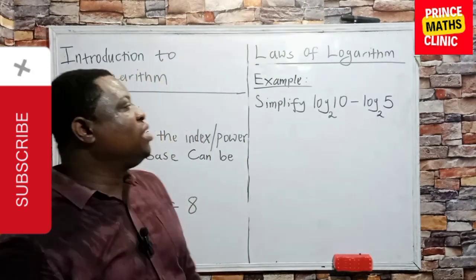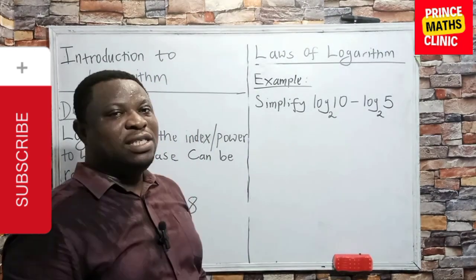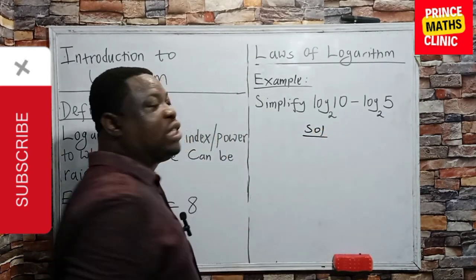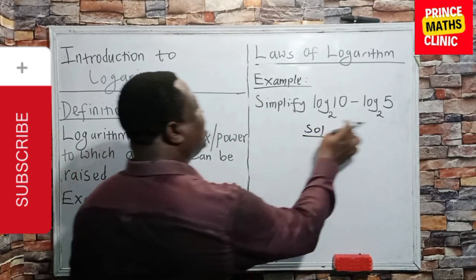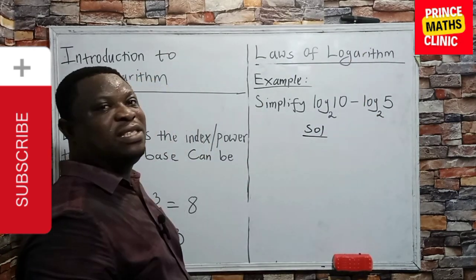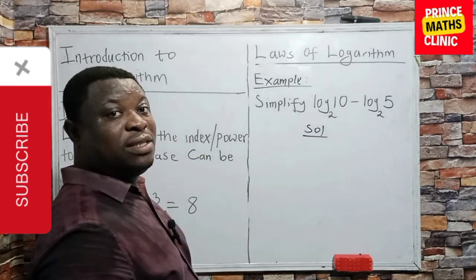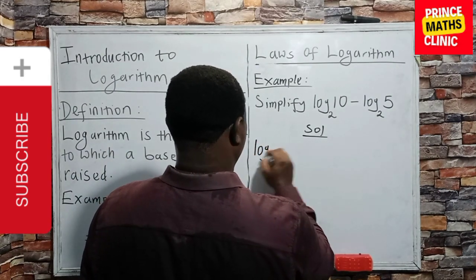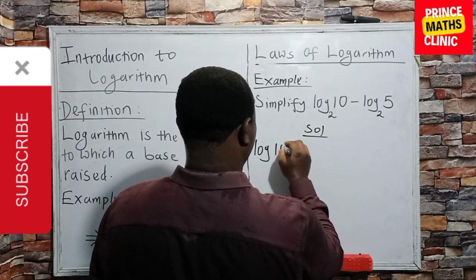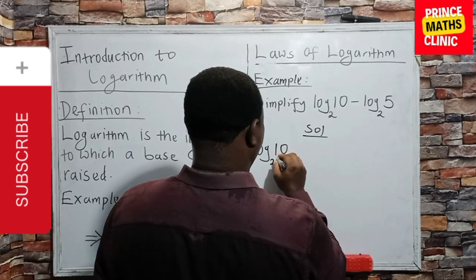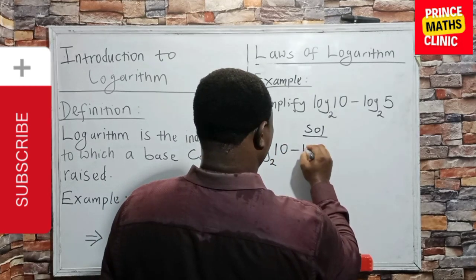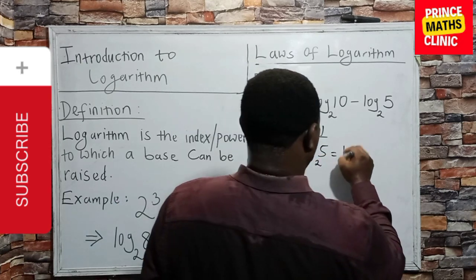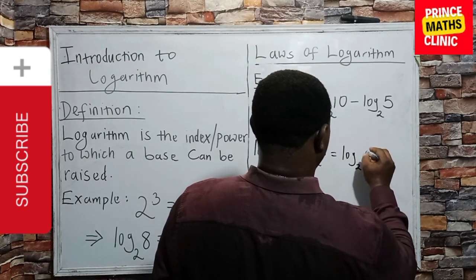Interesting, we are given that we should simplify this. And from the law we just examined, once the bases are the same, just divide. Right? Good. So this becomes log 10 base 2 minus log 5 base 2 becomes log in base 2.